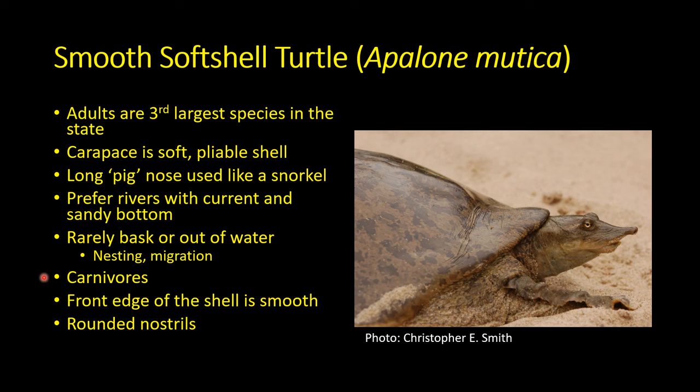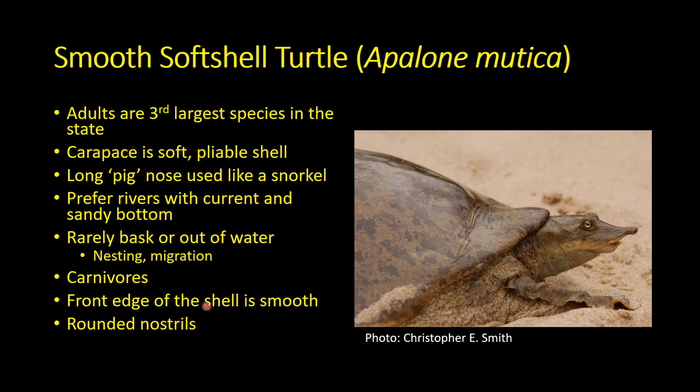Softshell turtles are carnivores their whole life, so they eat little to no plant material. They really have an animal-based diet for the majority of their life. We do have the spiny softshell turtle as well, and so these two can be difficult to tell apart, but there's two real things we need to look at.